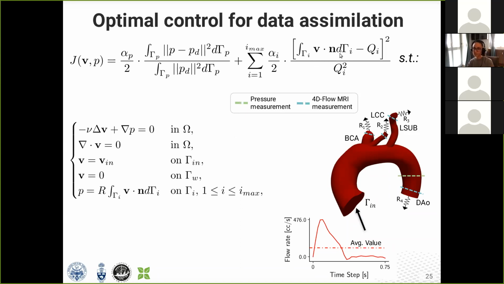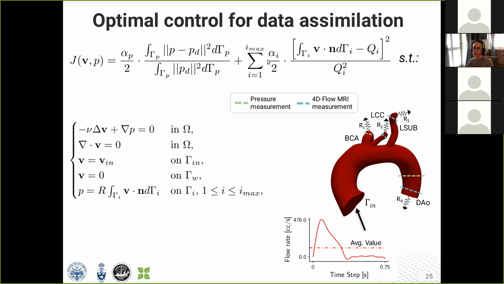surfaces. As you can see, the terms in the cost functional are both normalized. That's because we wanted all the data that we had to play the same role in our minimization problem, so they all had the same importance. Let's say we wanted them to be assimilated in the same way, but we also introduced these weights, alpha p and alpha I, and we fix them to 1 for this reason.